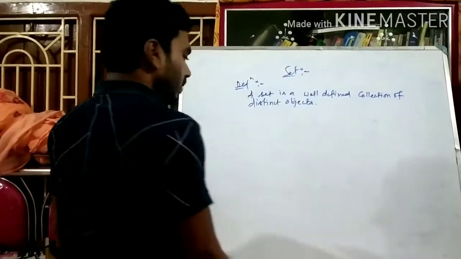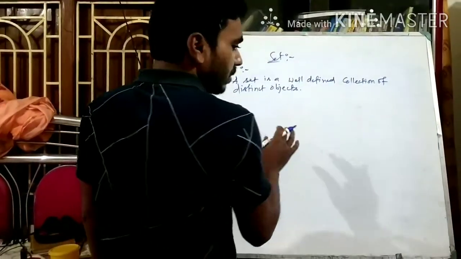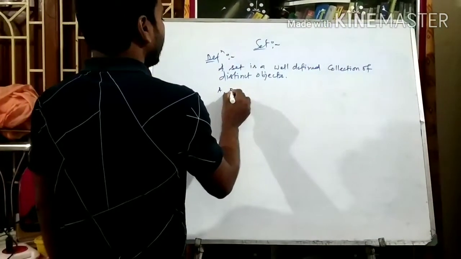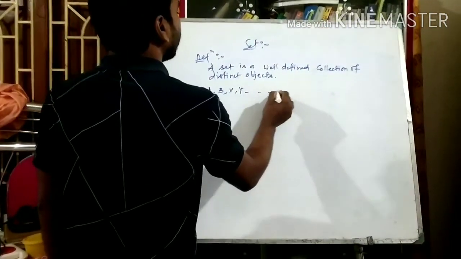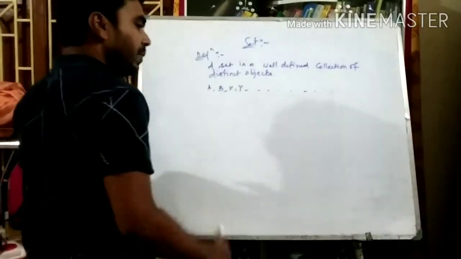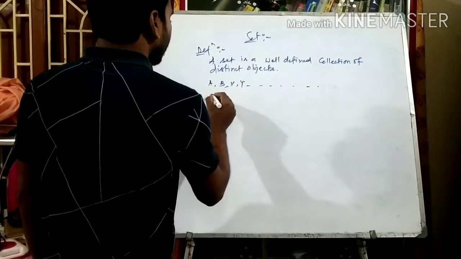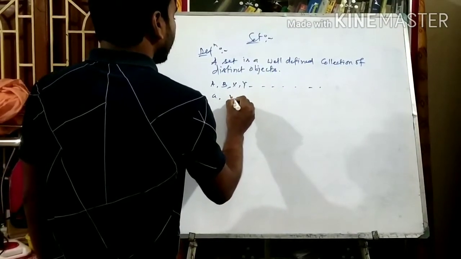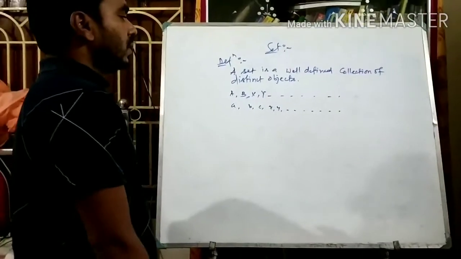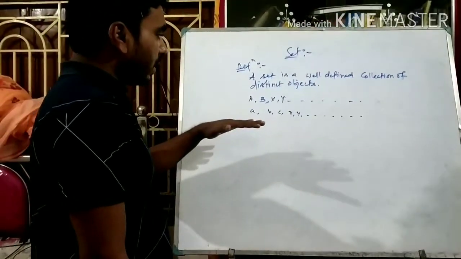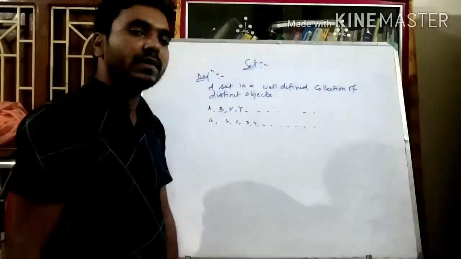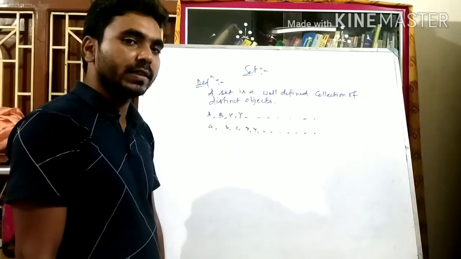A set is usually denoted by capital letters like A, B, X, Y, etc. And the objects or elements of a particular set are denoted by small letters like a, b, c, x, y, etc. Now, a set may be of two types: one is a finite set, another is an infinite set.